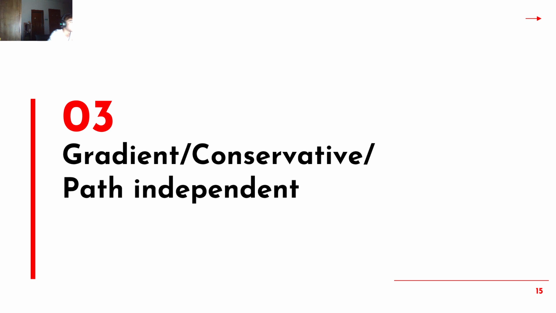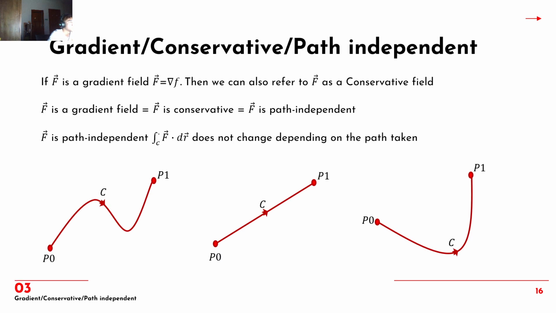And then we're going to talk about gradient, conservative, and path independent. So if vector f is a gradient field, vector f will be equal to the gradient of f. Then we can also refer to vector f as a conservative field. So vector f is a gradient field is the same as vector f is conservative, and this is also the same as vector f is path independent.